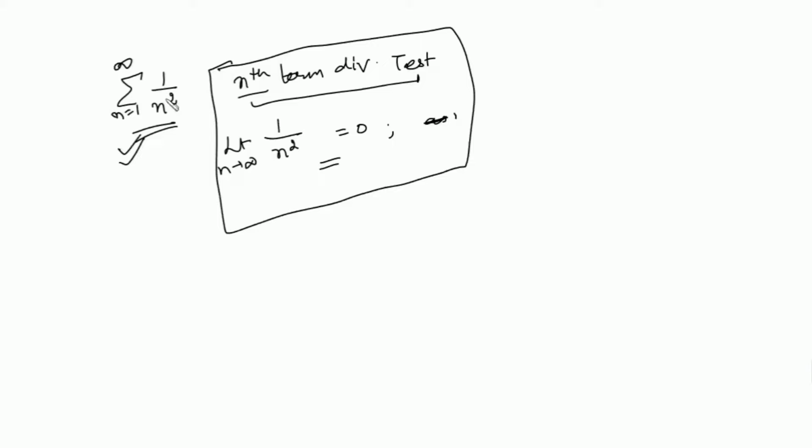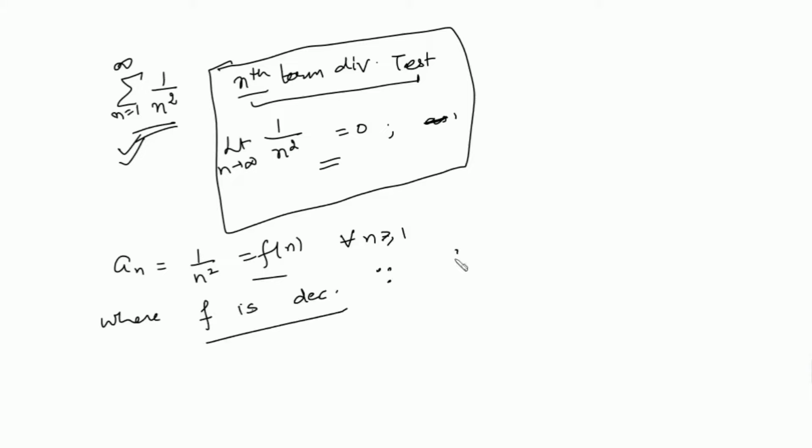But now just see, we can write this a_n, which is 1 over n square, as a function f(n), true for all n greater than or equal to 1, where this function is decreasing. Now why is it decreasing? Because if you find the derivative of this, you will have minus 2 upon n cube, which is less than 0 for all n greater than or equal to 1. So this implies your function is decreasing.